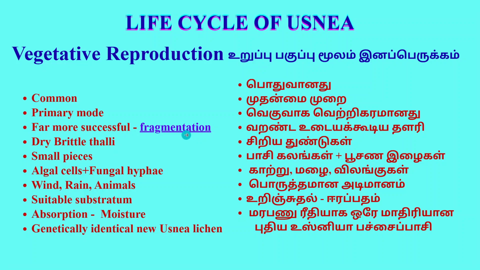You have seen the long hanging thalli of Usnea, which are brittle when dry. They easily break into small fragments or small pieces due to mechanical forces like strong wind, heavy rain, or sometimes foraging animals.